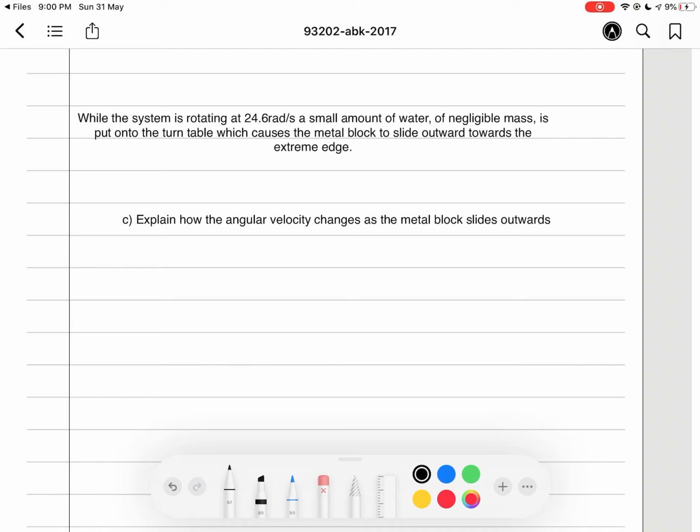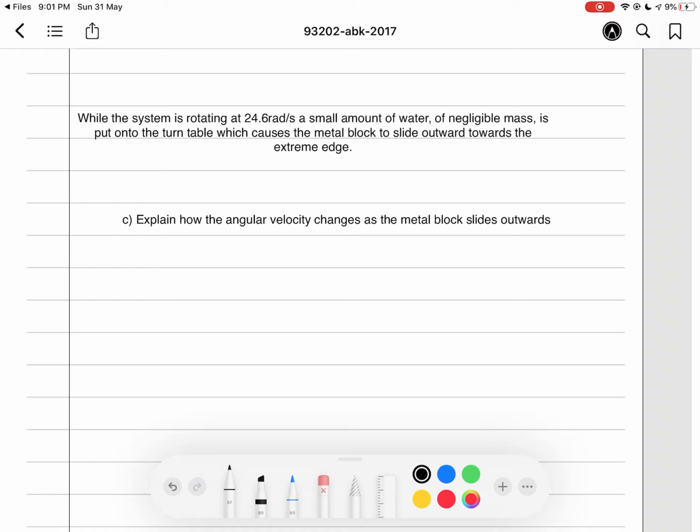Because it's increasing, the rotational inertia of the system is also increasing. What we do know is that the movement of the metal block towards the extreme edge doesn't apply any external unbalanced torques onto the system, and we're assuming that friction is negligible, so friction is not resulting in any external torques.